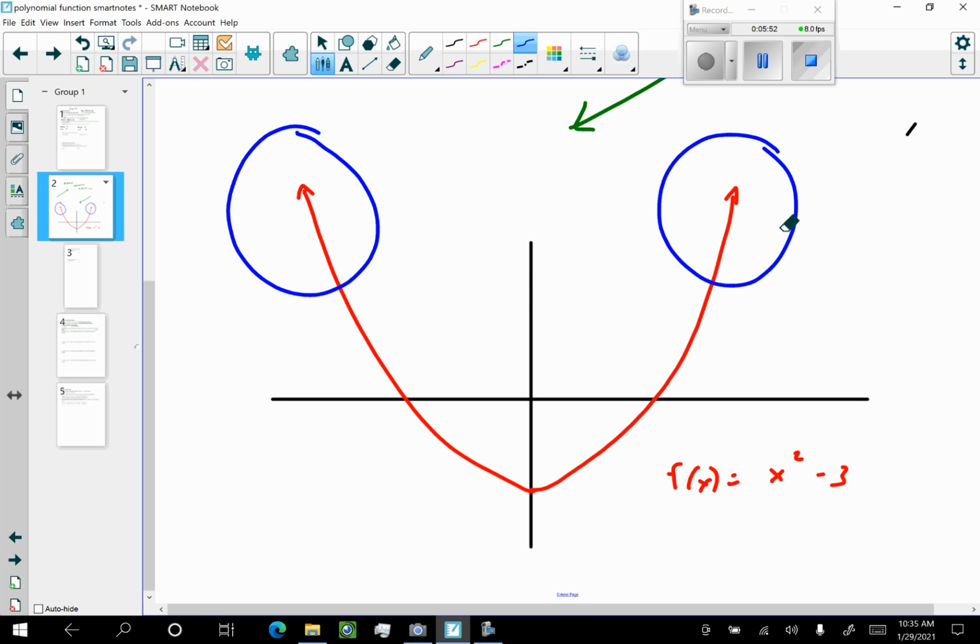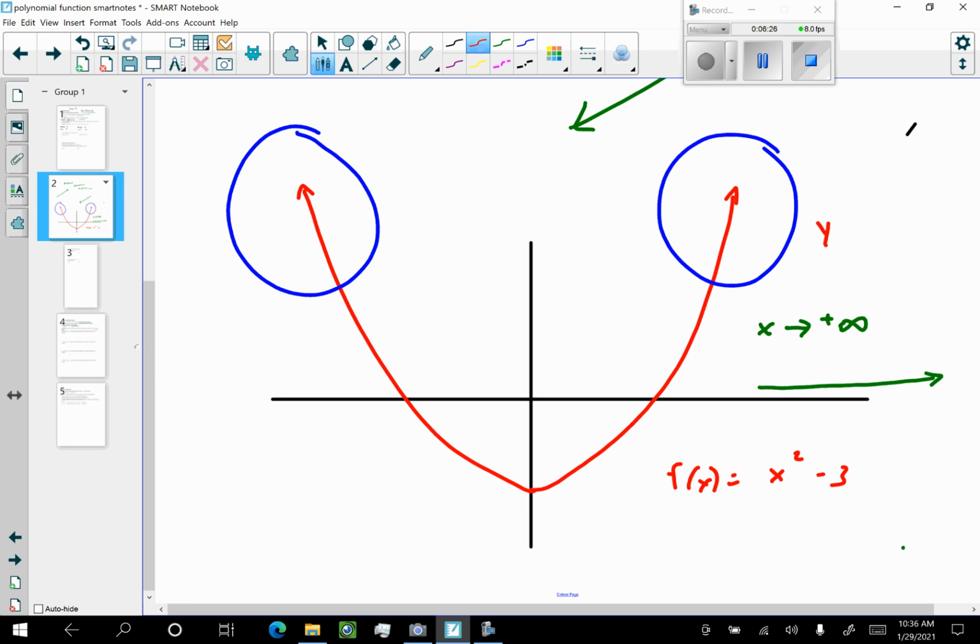Well, it looks like it's going up. What's happening is this. As my x values get really big, as my x values go in the direction of positive infinity, that arrow means direction. As my x values approach positive infinity, what happens to the function values?